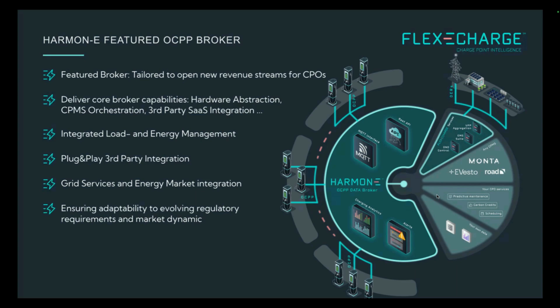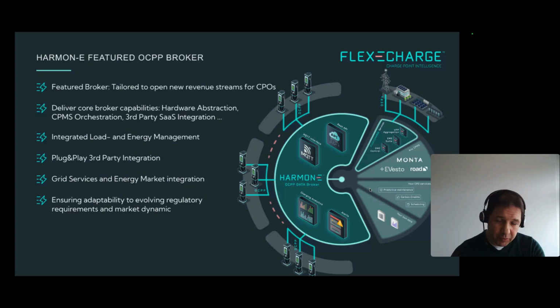It is also possible with the broker to integrate third-party solutions, software as a service solutions, like Available, which is one of our partners and can be integrated through our OCPP broker.